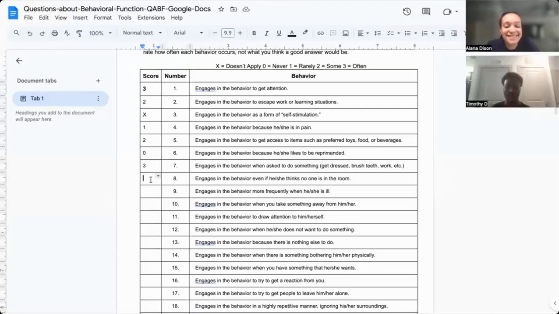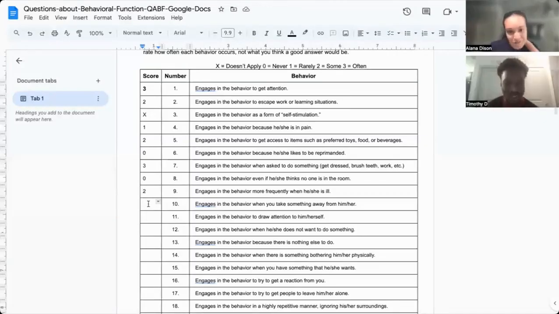Say 0. Engages in the behavior more frequently when he or she is ill. 1. Engages in the behavior, 2. Okay, all right.